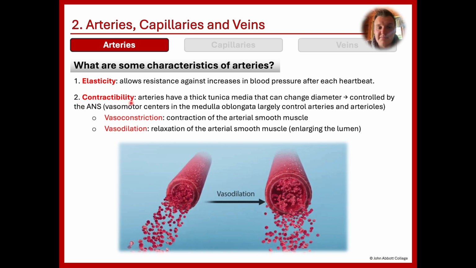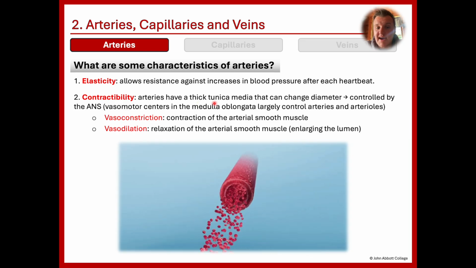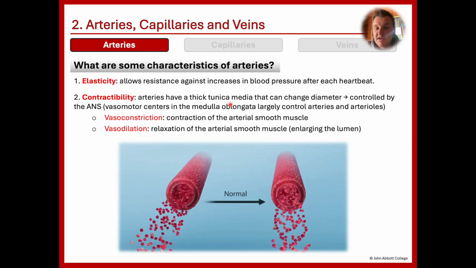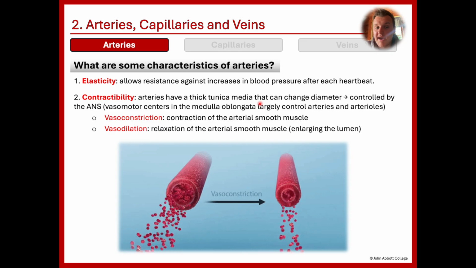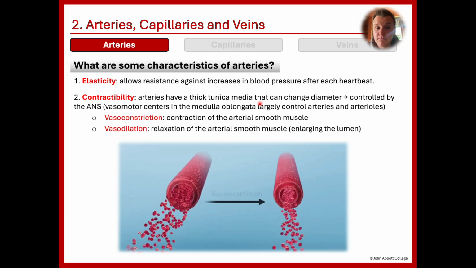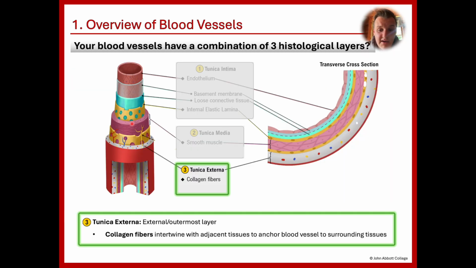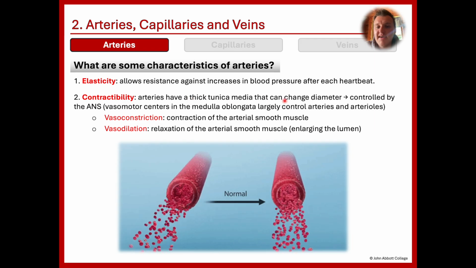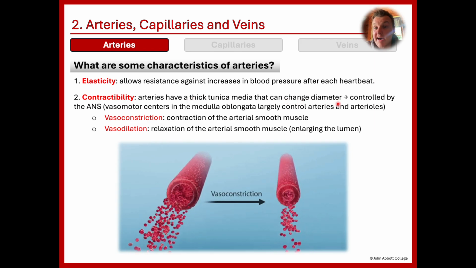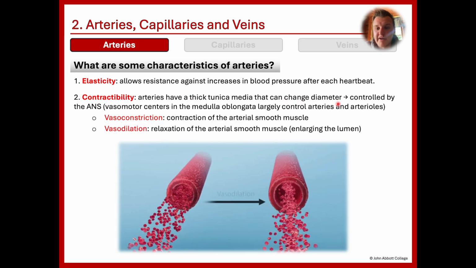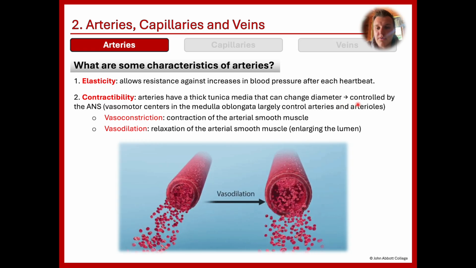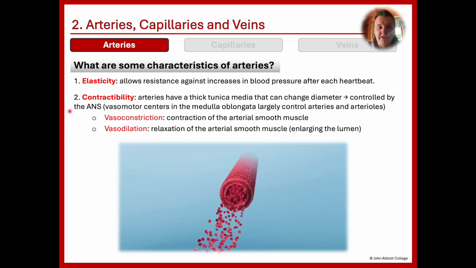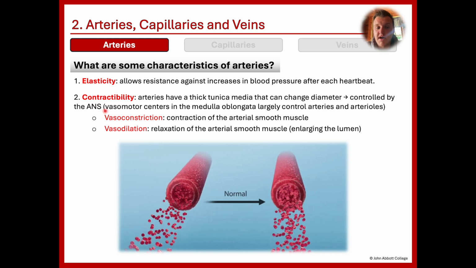Also contractibility, right? All the arteries have a thick tunica media, meaning it has a lot of smooth muscle. Remember the tunica media was all of this smooth muscle here. And what was that smooth muscle doing? It had the ability to change the diameter of the blood vessel, right? So this is actually controlled by the autonomic nervous system.